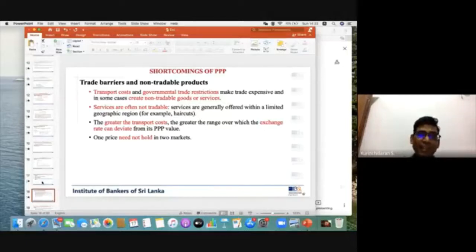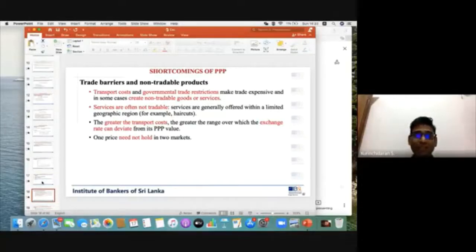And the greater the transport cost, the greater the range over which the exchange rate can deviate from its purchasing power value. Mainly if you are going to import some goods from China or some other countries, the exchange rate will deviate from PPP based on the transport cost, right?